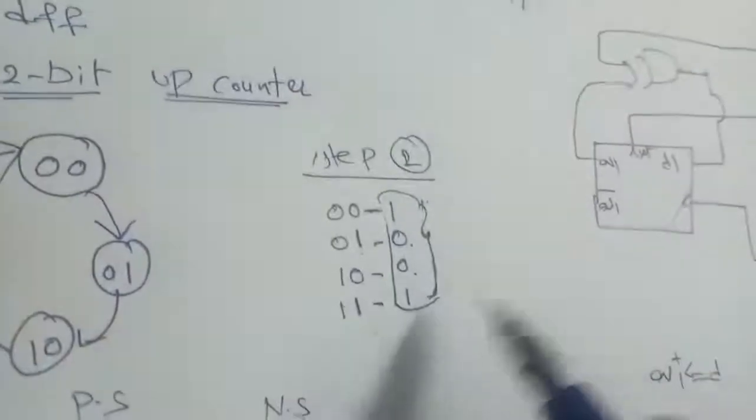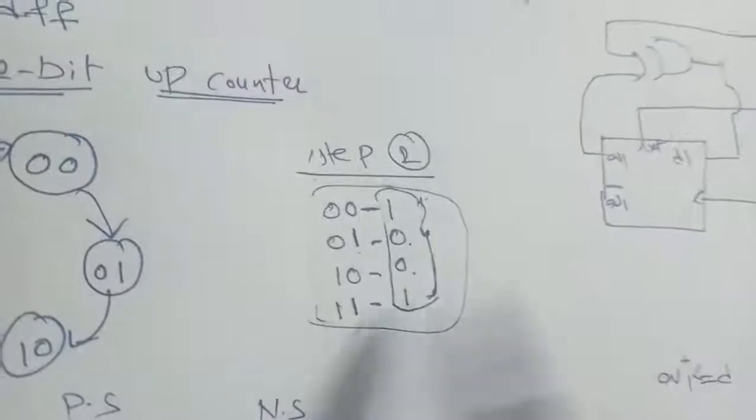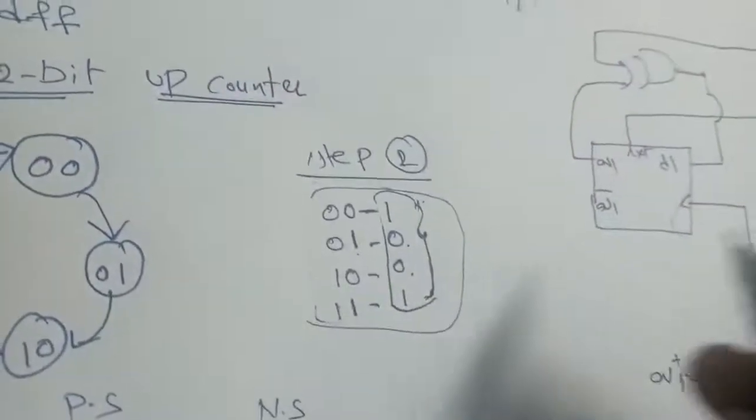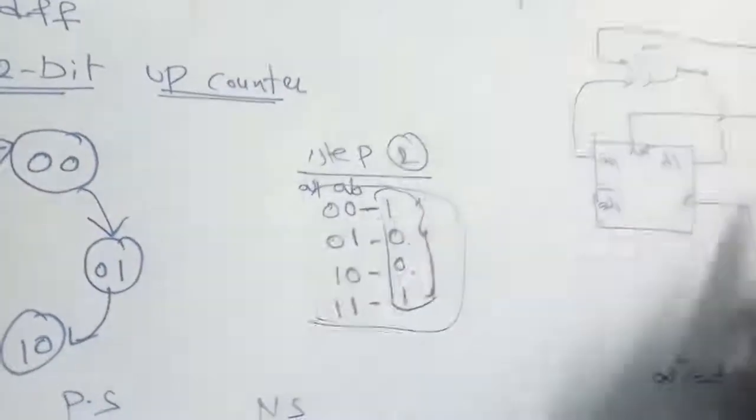Now for this we have to derive the combinational circuit. These are Q1 and Q0 as per our circuit diagram.